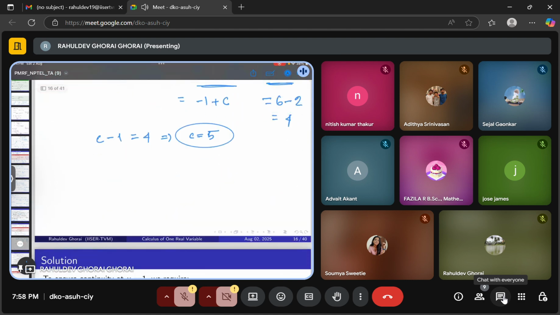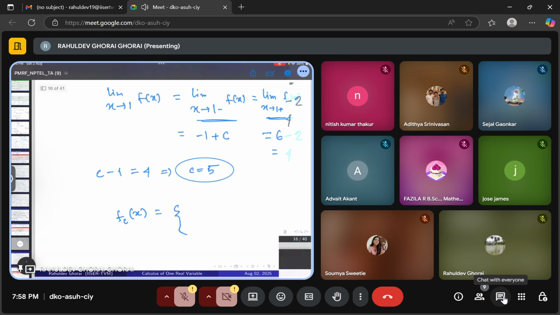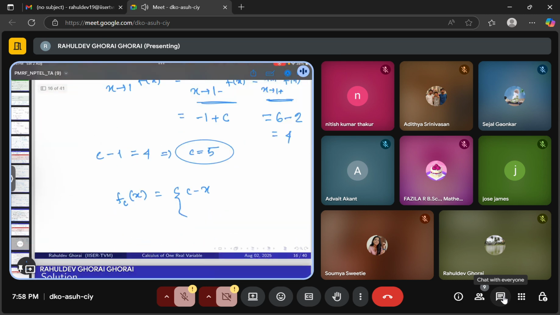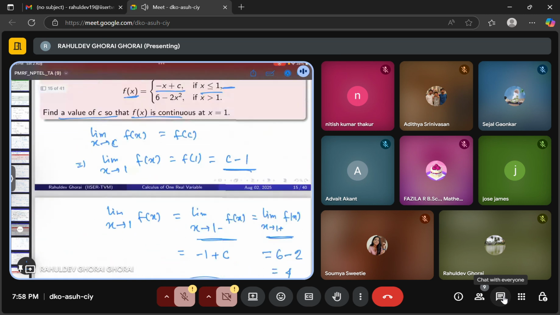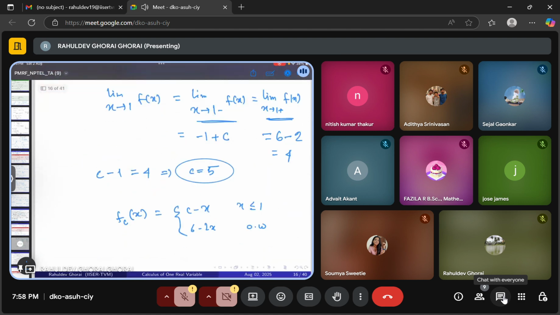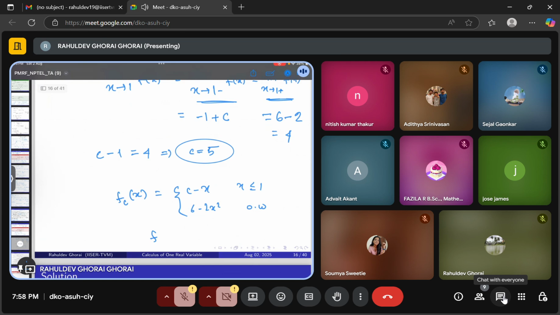If people ask you to give a family of functions, here is an f which depends on c: f(x, c) is c minus x when x is less than or equal to 1, and otherwise it will be 6 minus 2x squared. So only for c equal to 5 is f continuous at x equal to 1, otherwise it is discontinuous at x equal to 1.